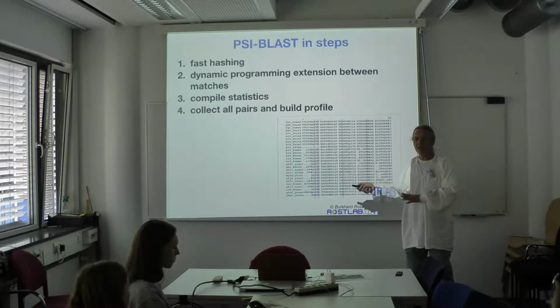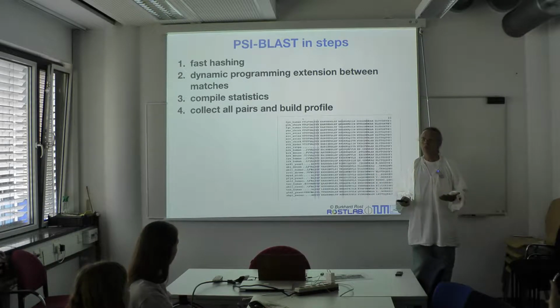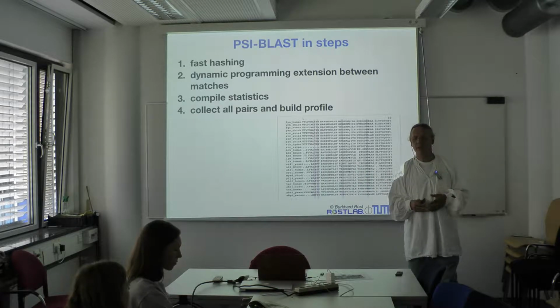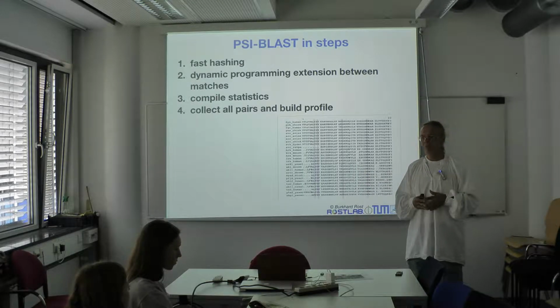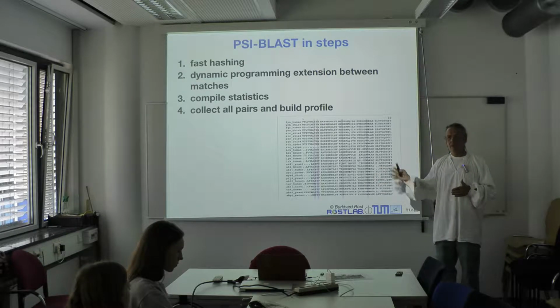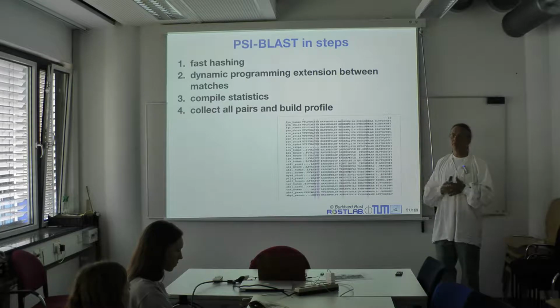So far, we have done nothing really new. A few minor improvements in the 97 paper over the 93 paper, but nothing big. Well, now, the big thing, we have a position-specific matrix. That's where the Pierce in Psi comes from.